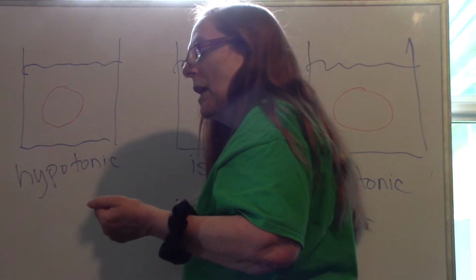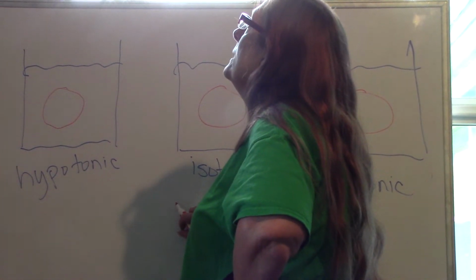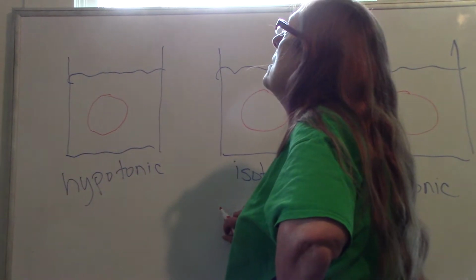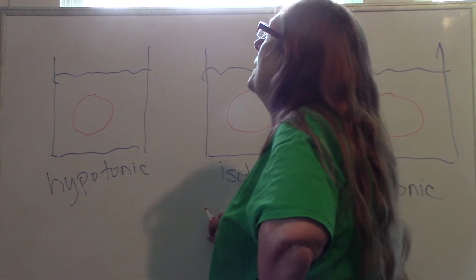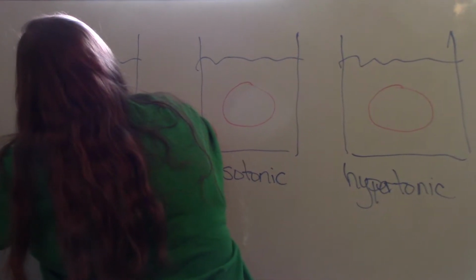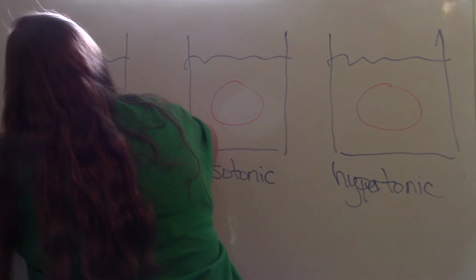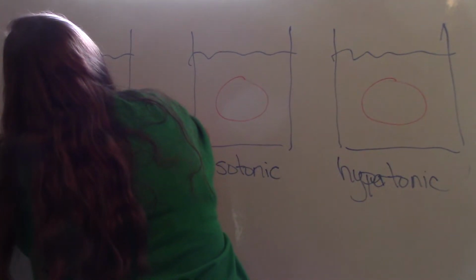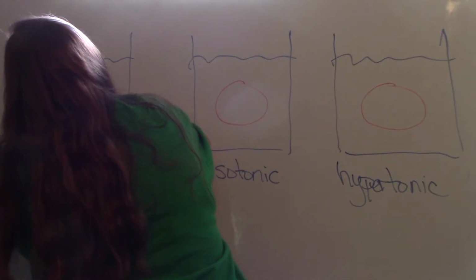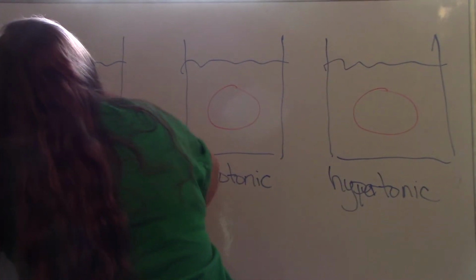Inside the red blood cell we have, what is it, 0.0, I should have looked this up. We have 0.85% or 0.05 sodium chloride.